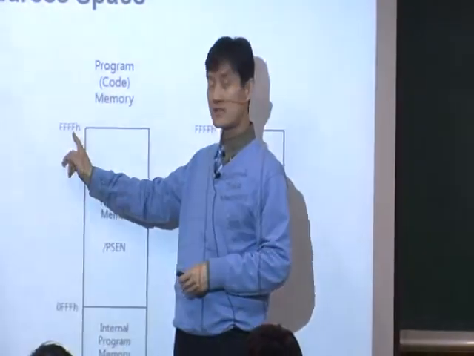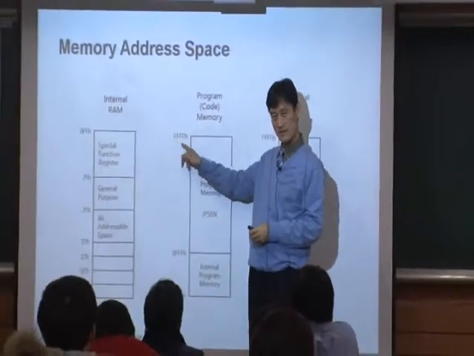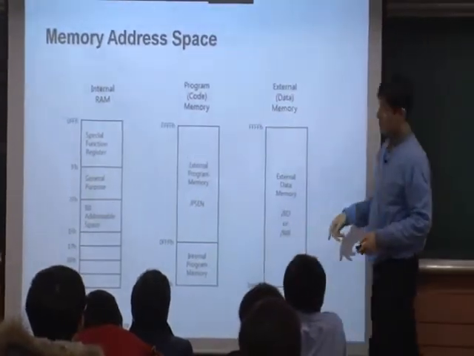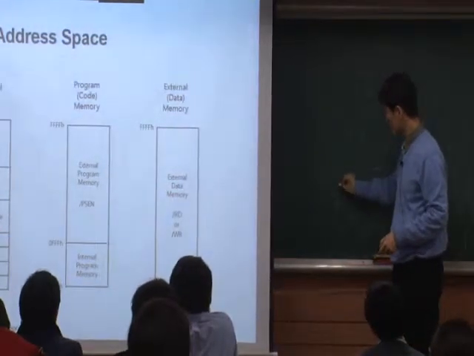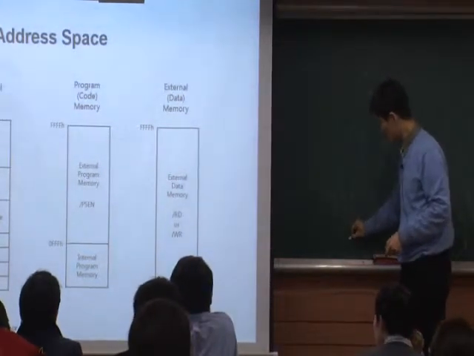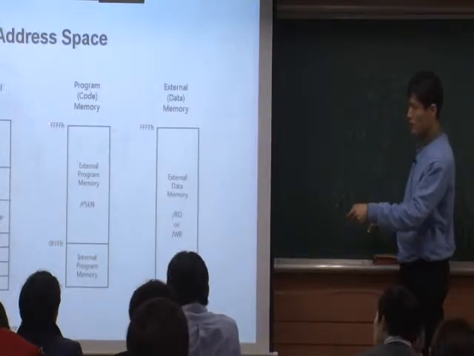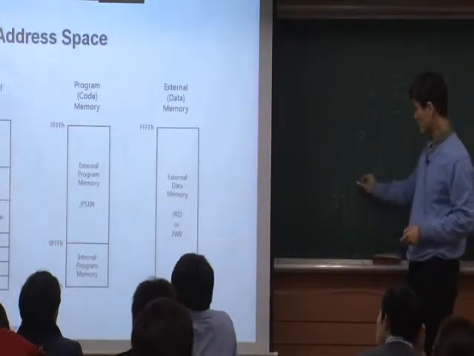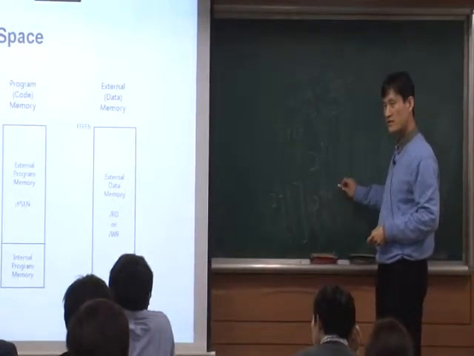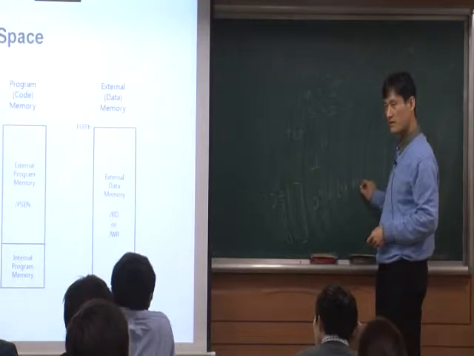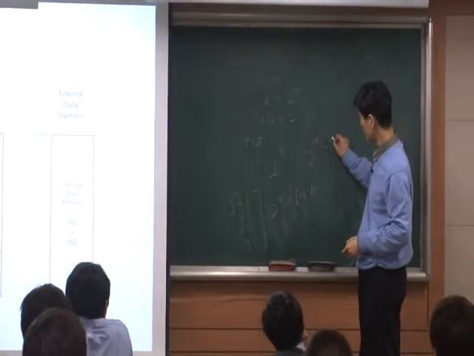How many bits? 16 bits. 1111, 1111, like this, right? 16 bits. So therefore, the total space is 2 to the 16 minus 1. We start from 0 all the way to 2 to the 16 minus 1. So this whole size is 2 to the 16, which is 64K, because 2 to the 16 is the same as 2 to the 10 times 2 to the 6.